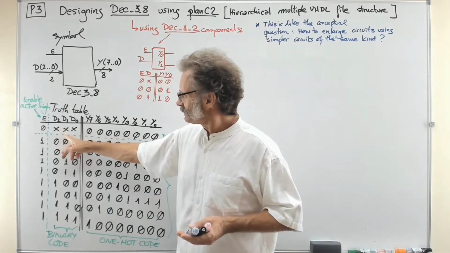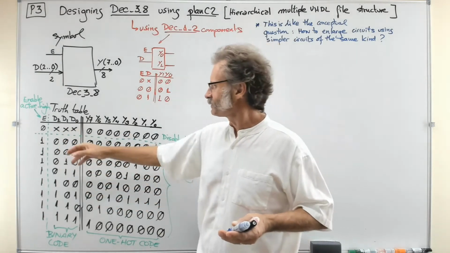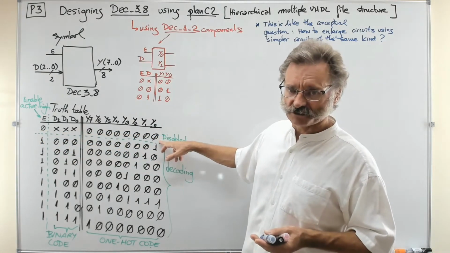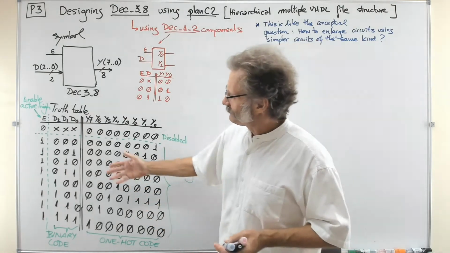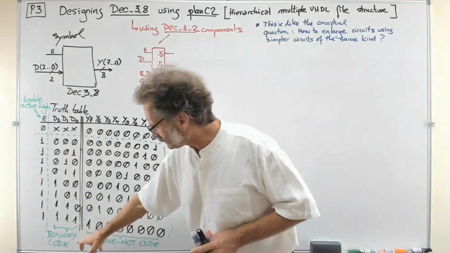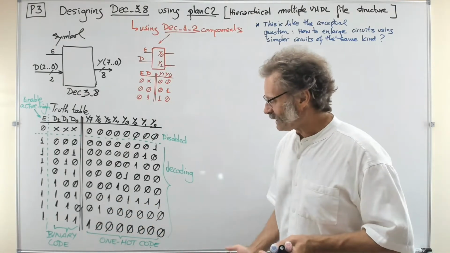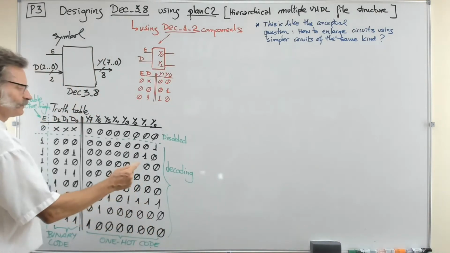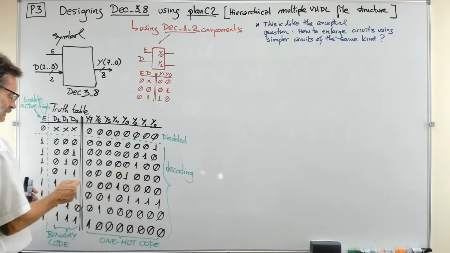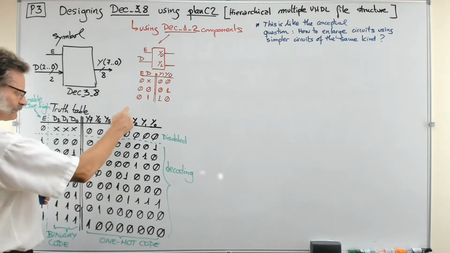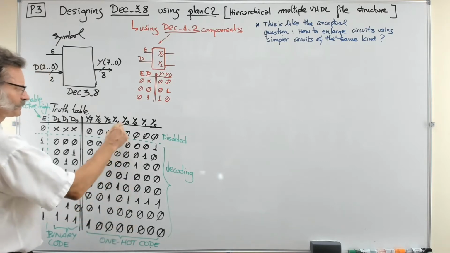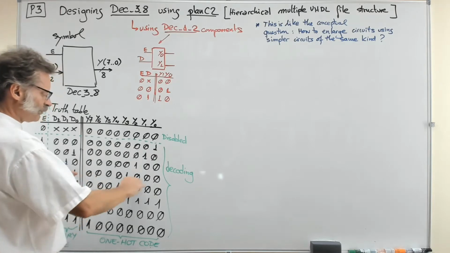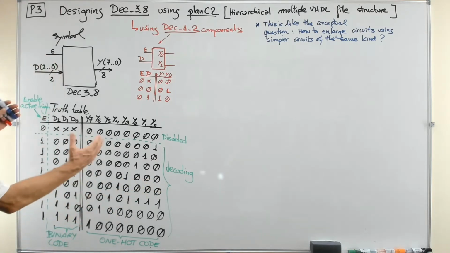Data 2, data 1 or data 0 doesn't matter, because if you would like to disable the circuit, you want this kind of output, all zeros everywhere. And then if the circuit is enabled, depending on the binary code on the input, you get one-hot code. And the one-hot is this idea of a single one at a time. If you have the number 3 in binary, you have a 1 in the output column Y3. That's it, okay? And the other outputs are 0. So this is the circuit that we would like to design.